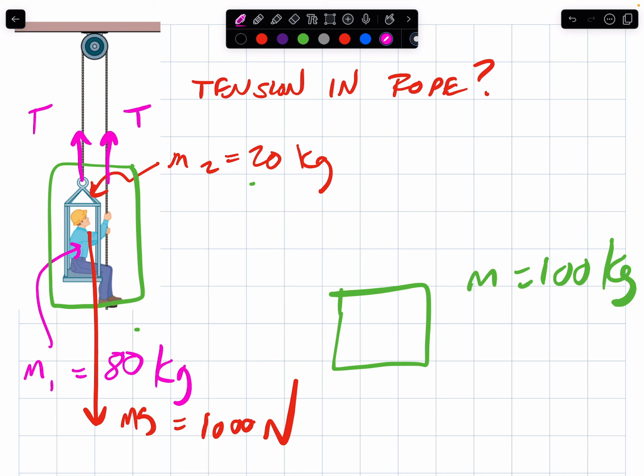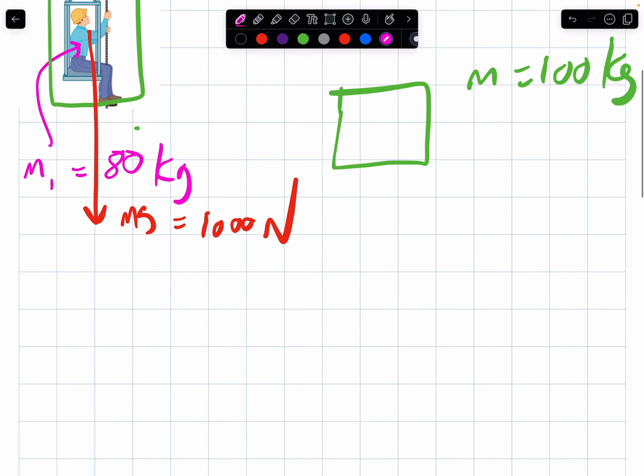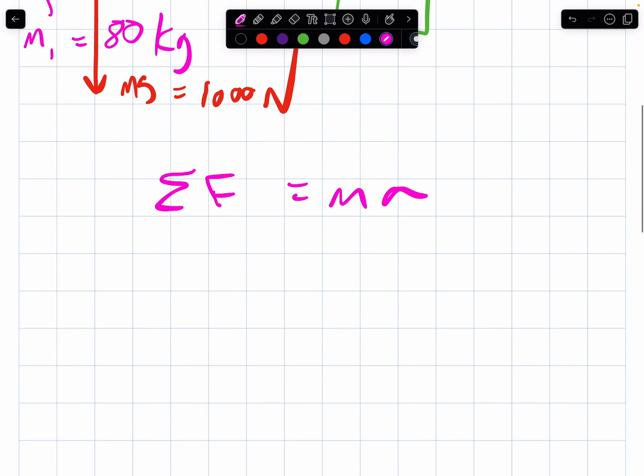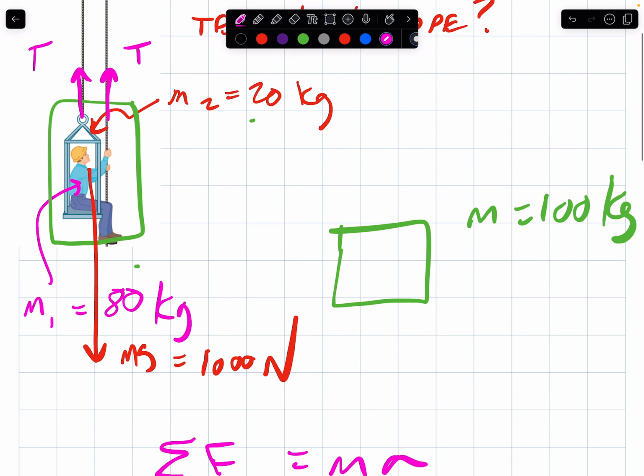And then what next? Well, I know I'm going to write down Newton's second law. Net force is ma. And if this person is just holding the rope so nothing is moving, the acceleration is 0. So the net force has got to be 0. And now I'm going to write the expression for the net force, which is the total upward force minus the total downward force.